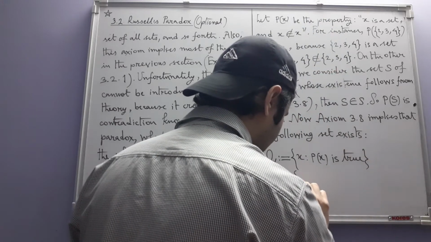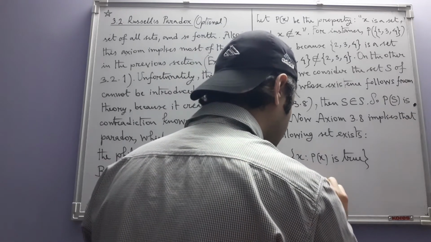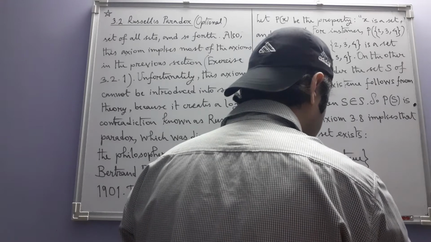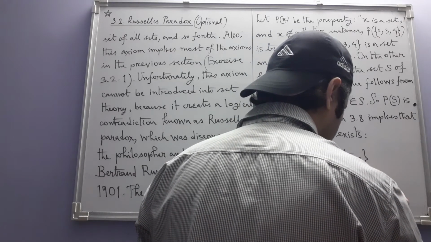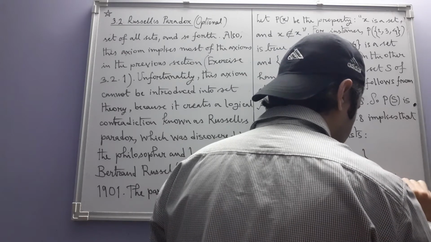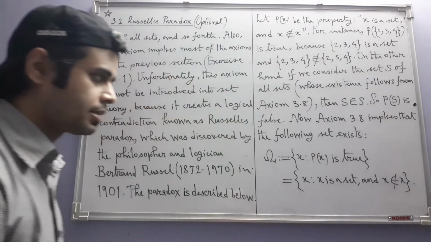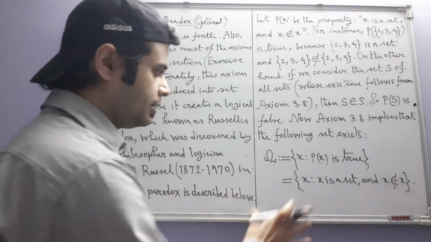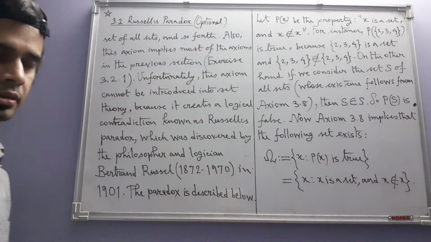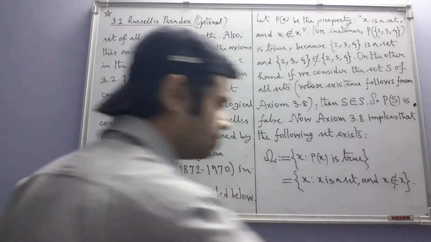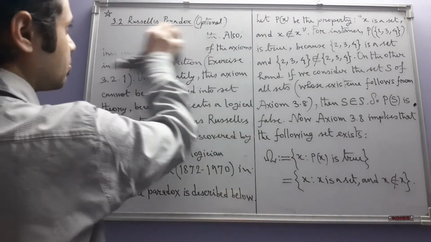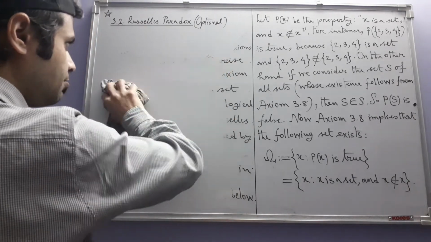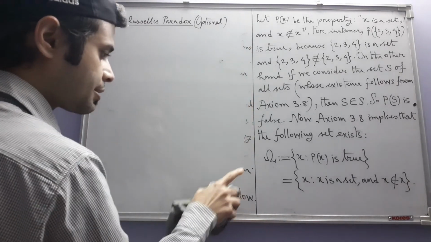And if I write down what P(x) is, then it becomes this. X is a set and x does not belong to itself as an element. So far there is no problem. Axiom 3.8 ensures that this is a set. But now the problem will come. Axiom 3.8 specifically says that this collection is a set.